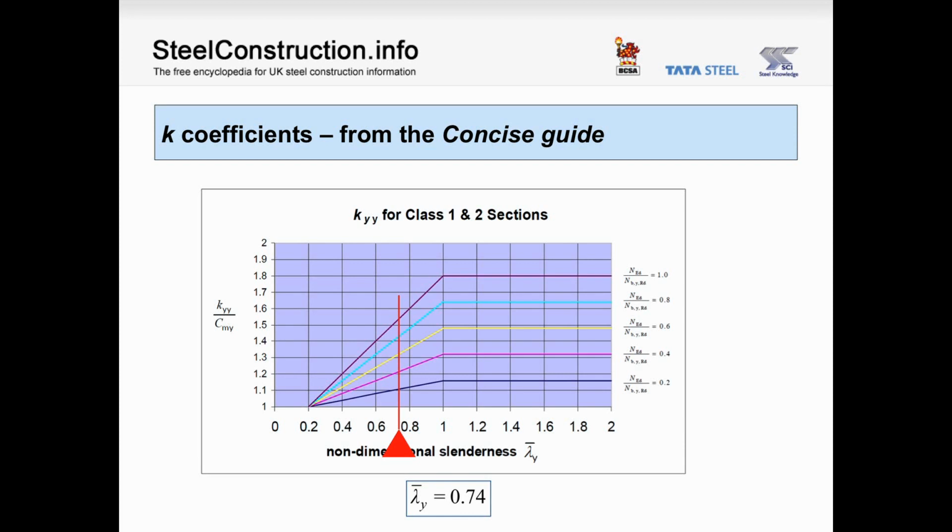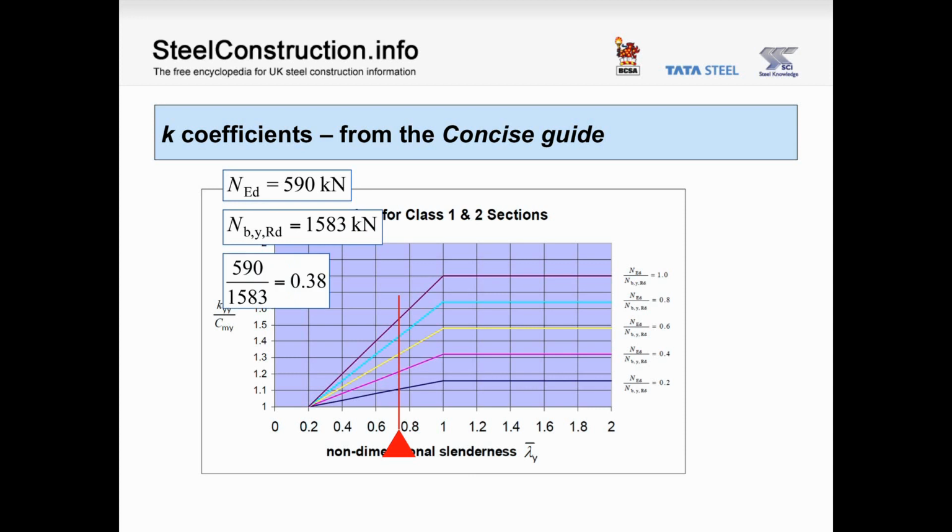Over on the right hand side, we've got ratios of the applied axial load divided by the major axis flexural resistance. The applied axial load was 590 kilonewtons, the major axis flexural resistance was 1583, so the ratio between them is computed to be 0.38.